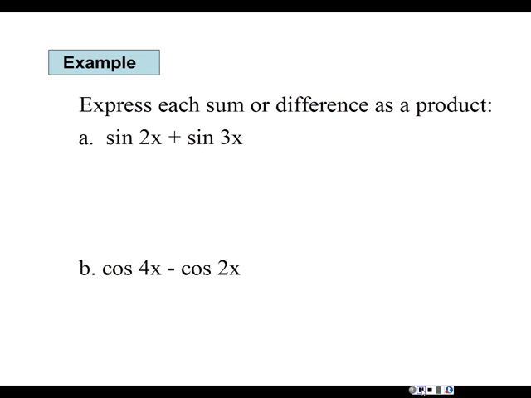I'll go back to the formula page so that you can apply the formula cosine 4x minus cosine 2x for this. I assume these questions are easier because all you need to do is just apply the formula, and your alpha and beta are straightforward because the alpha is 4x and the beta is 2x.